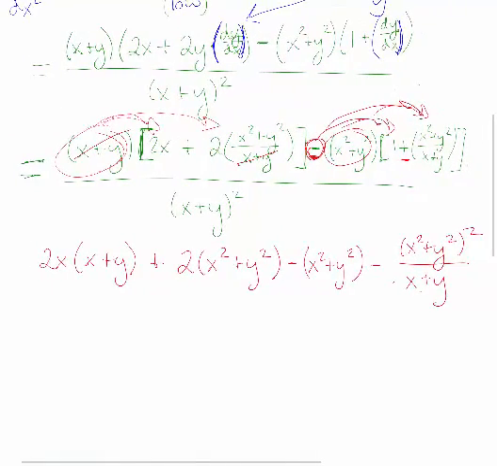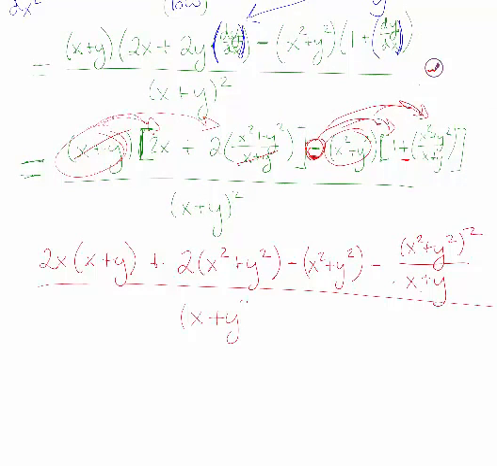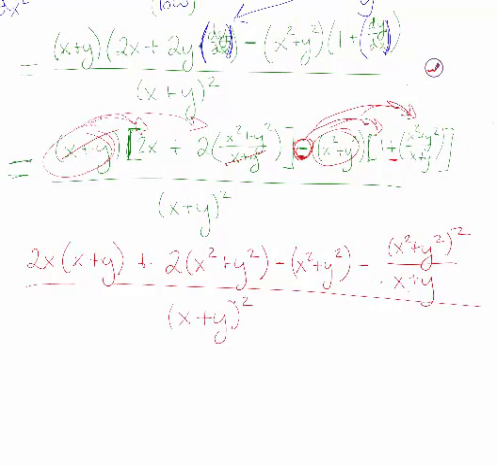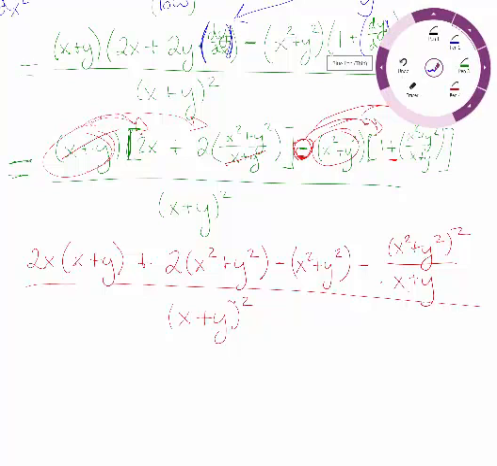And again, this is still all divided by x plus y squared. Now we notice we have a fraction, and we can't have a fraction inside of a fraction. So we need to multiply the top and the bottom by this denominator.